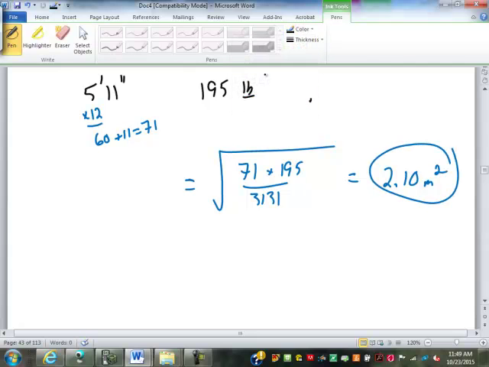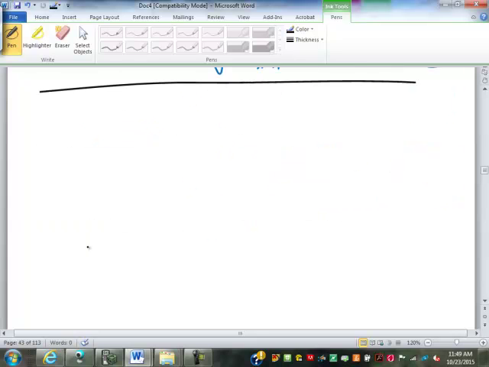So that's if their height is given in inches and their weight in pounds. Well, more and more now they've got the scales programmed as you come in to weigh in kilograms. So if you have a height in centimeters and weight, and obviously kilograms is not really weight, it's mass, but we say weight in kilograms.